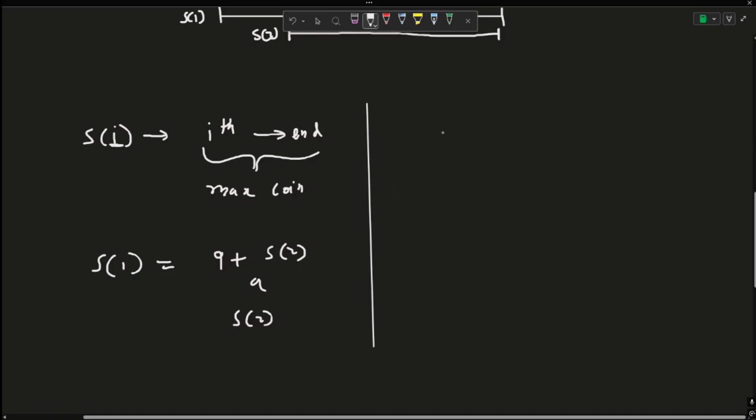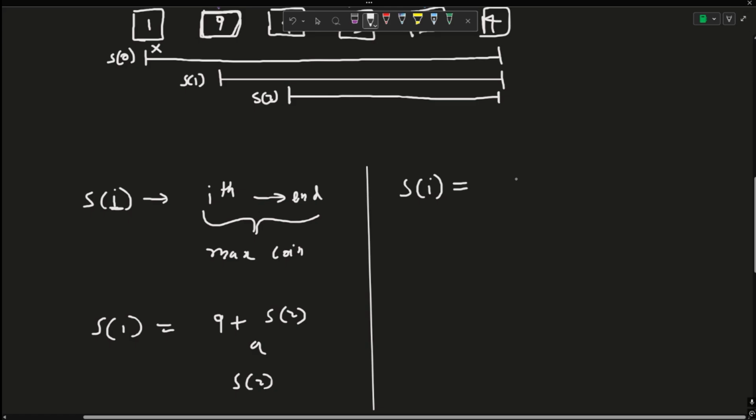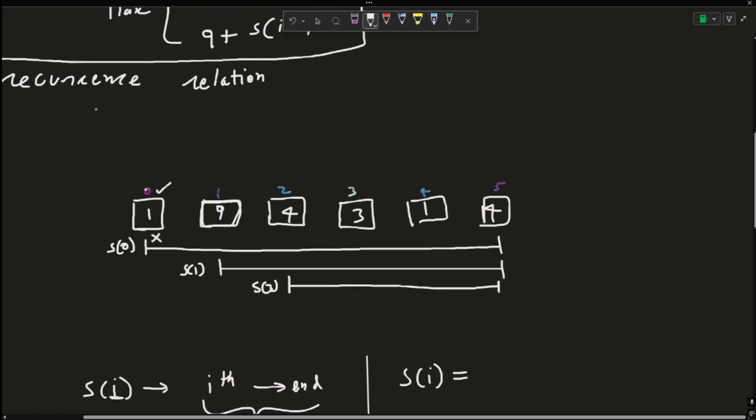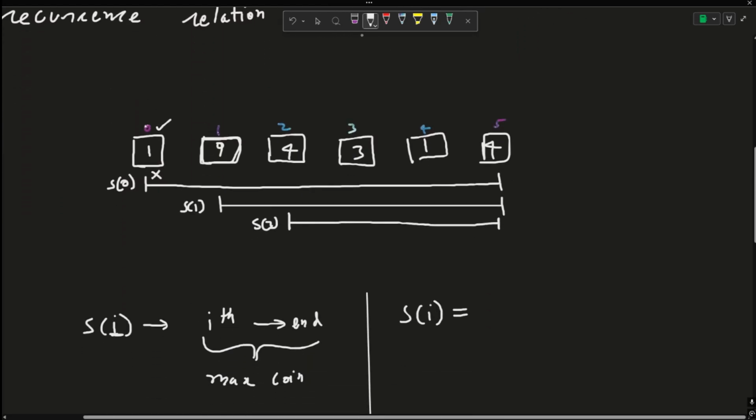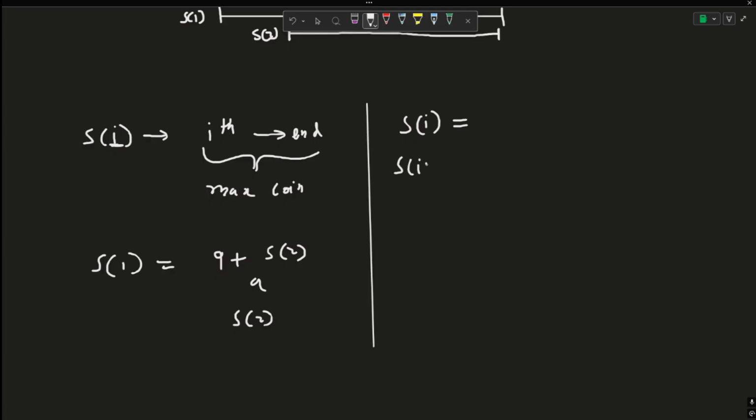What I mean by this is, let's say S of I would be like, either I can, like I passed T or F, here also I can pass I or I plus 1.